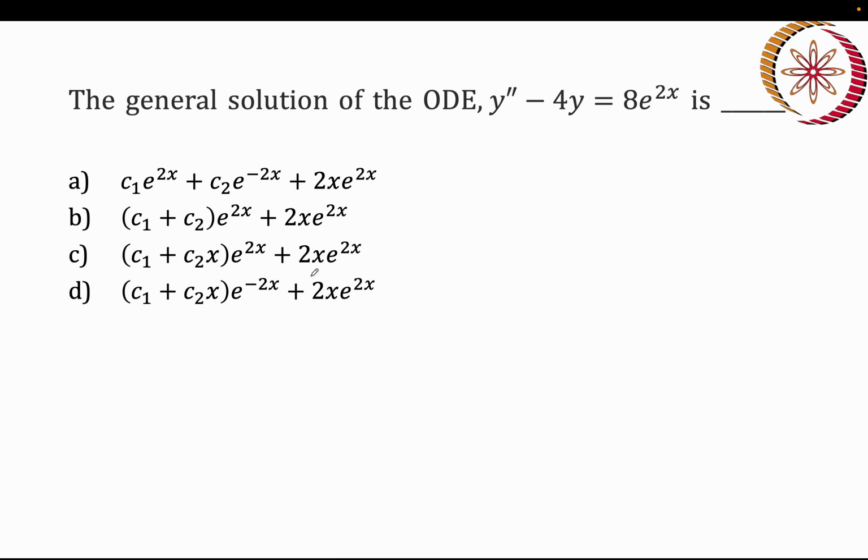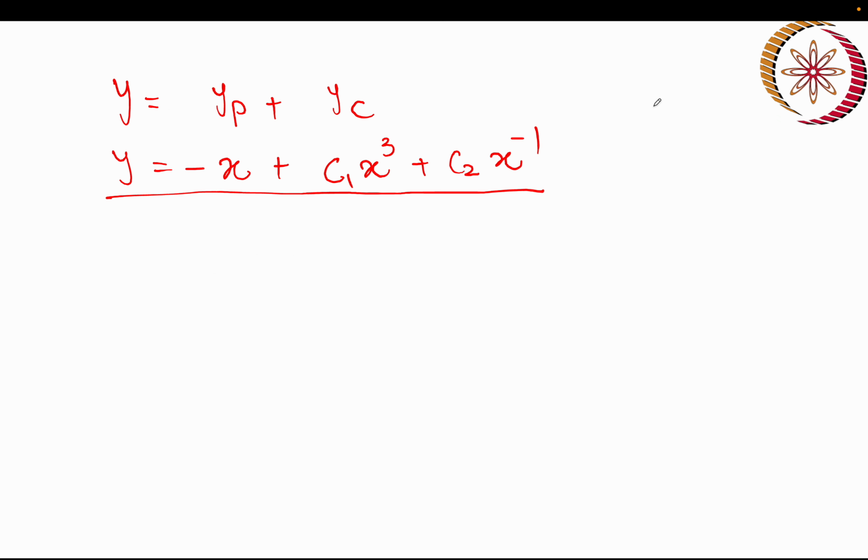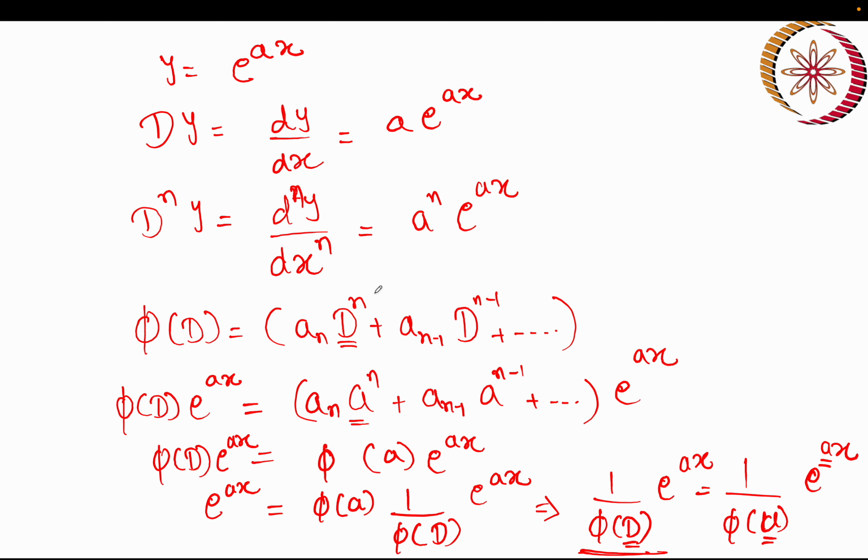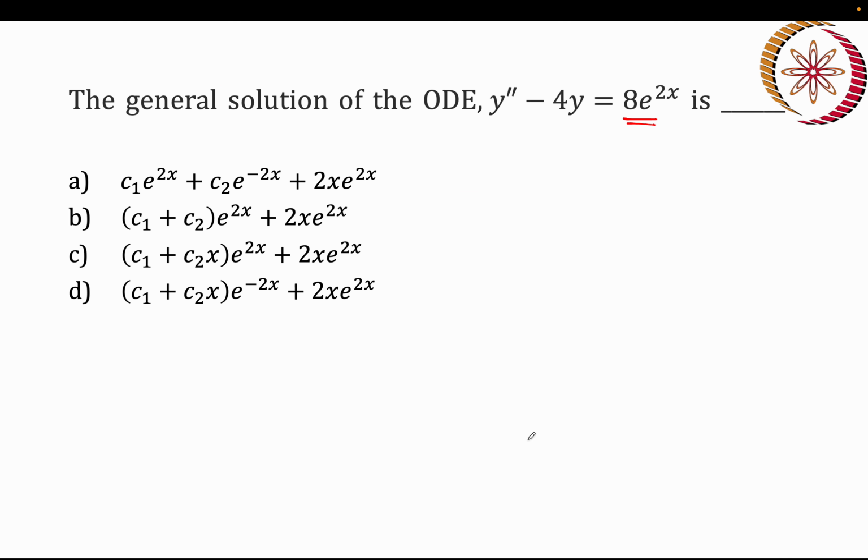Okay, so the next question is: the general solution of the ODE y double prime, the double derivative of y, minus 4y is equal to 8 e raised to 2x. Okay, so we can see that this is somewhat similar to what we just derived, but I will write one exceptional case, and then we'll see what to do with this.